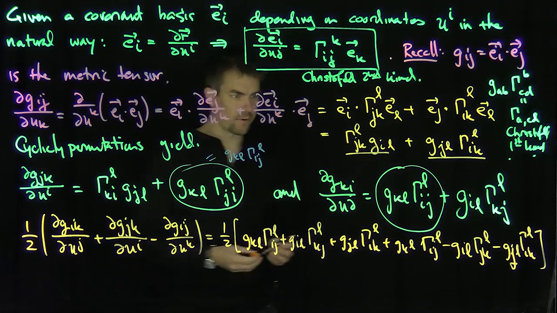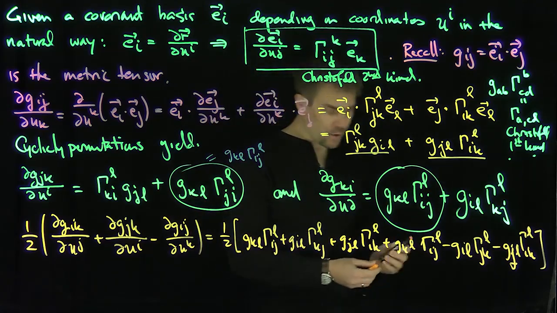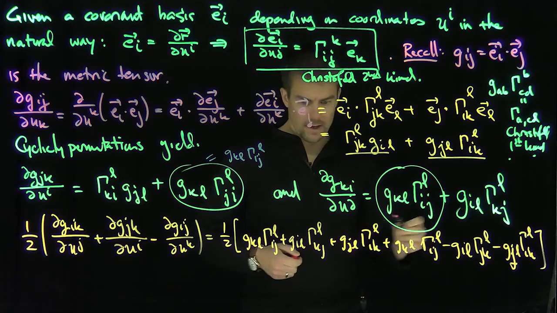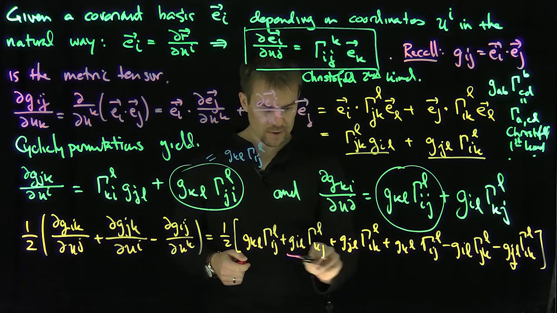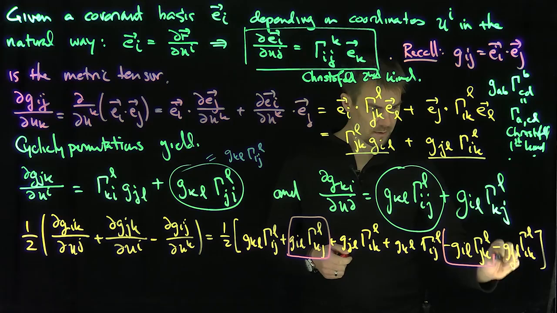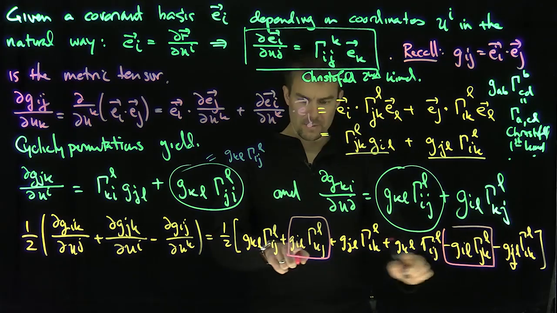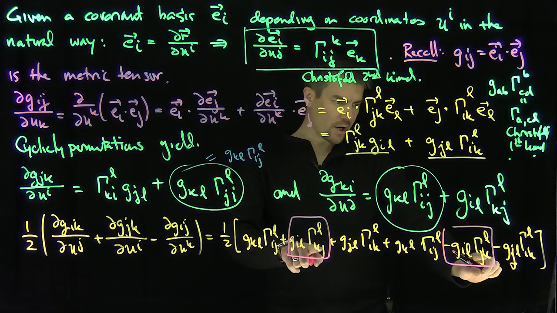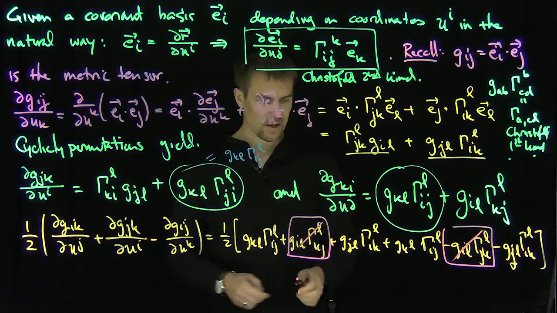So let's see what's going to happen over here. It looks like a huge mess, but notice what's going to happen. I have a G_{IL} term and this term over here, gamma_{KJ} or gamma_{JK}. Those things are the same by commutativity of the Christoffel symbols. So this term over here and this term over here cancel out.